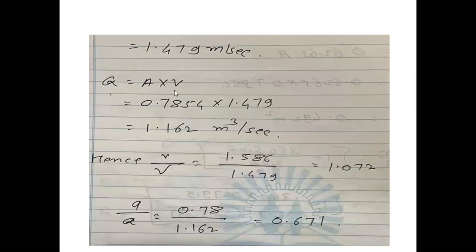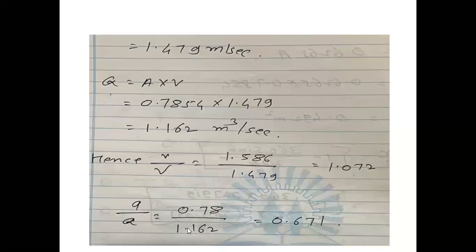Okay. Then your Q also will change. Don't go with my Q. Calculate Q now. Q is equal to A into V. Here, what you should do, I think I have not written properly.